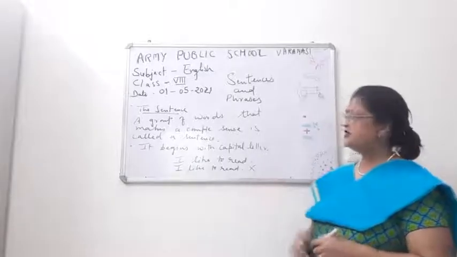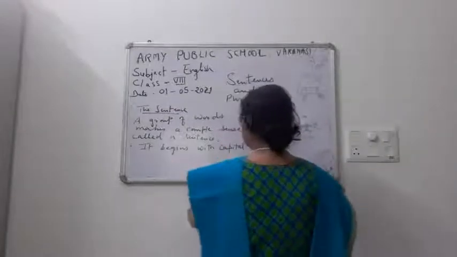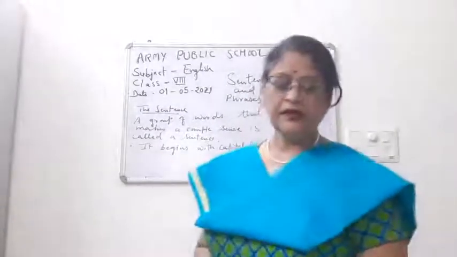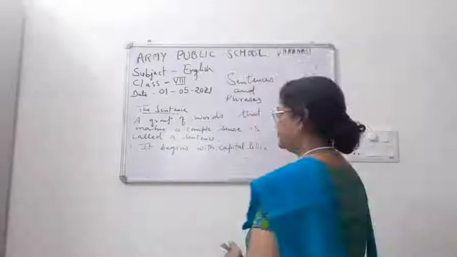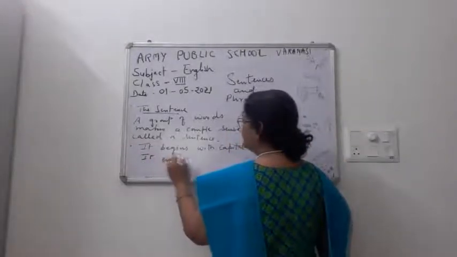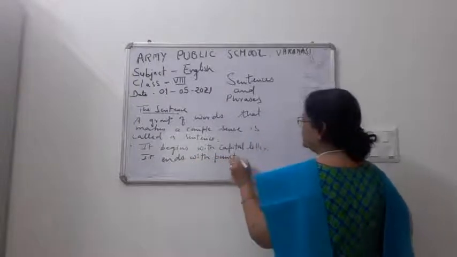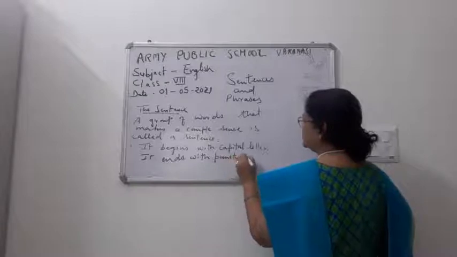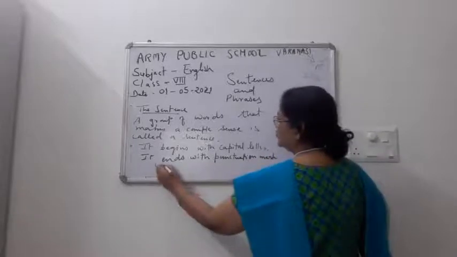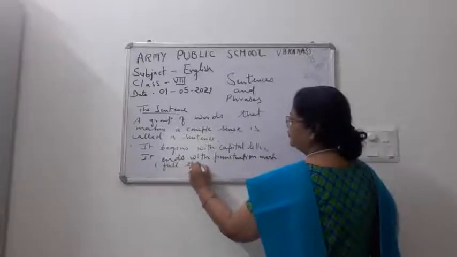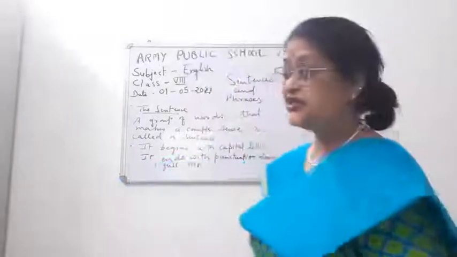Okay, so it begins with a capital letter, and a sentence ends with a punctuation mark, like a full stop or, children, a mark of interrogation.